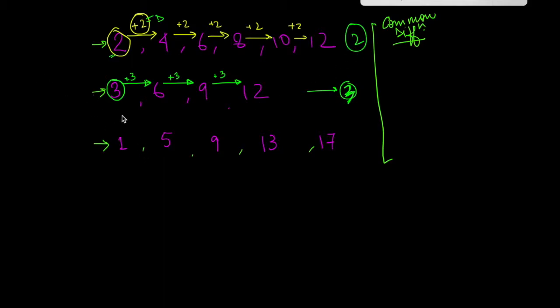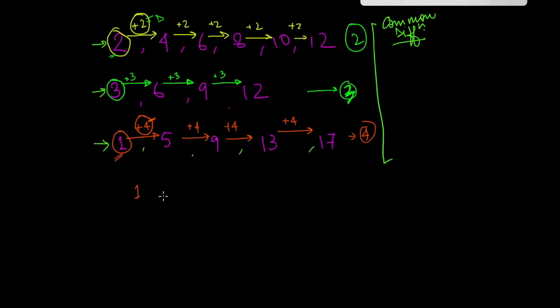In this one, this is not a table of 2 or 3, it is a slightly different one, but the idea behind it is the same. How do you get 5 from 1? You add 4. How do you get 9 from 5? You add 4 again. How do you get 13 from 9? You add 4. And how do you get 17 from 13? You add 4 again. So the way to represent this sequence would be to take into account the common difference, which is 4, and one of the numbers, so we can take 1 in that case.